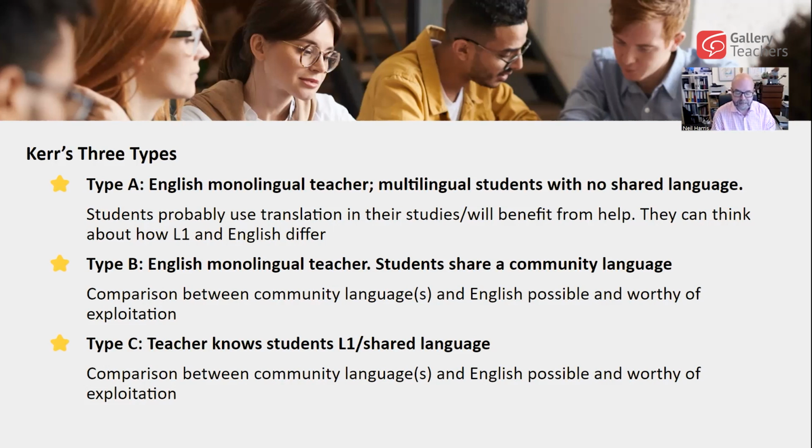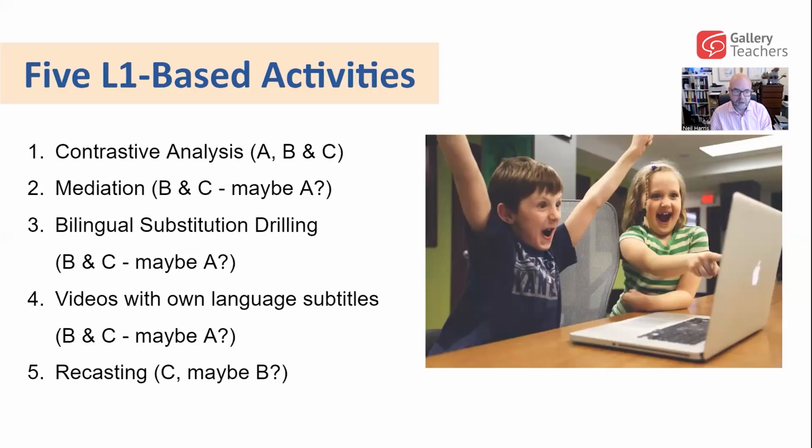And the reason for that is that the 5 activities I'm going to share with you are identified as being available to sometimes A, B, and C, sometimes more B and C, but not A, and so on. So here are the 5 activities that I think work really nicely using L1. Contrastive analysis, available to all of the teachers, I believe.